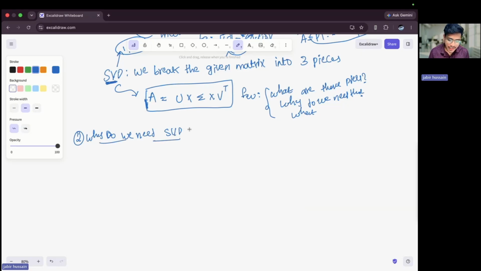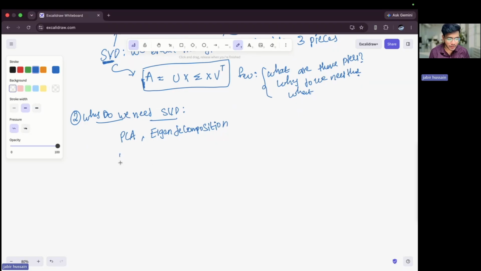To understand where SVD has emerged from and why we need it in the first place, we need to go back to our PCA and our eigen decomposition. In PCA, if you remember what we used to do, first of all, we take the matrix, all the points along with their features.